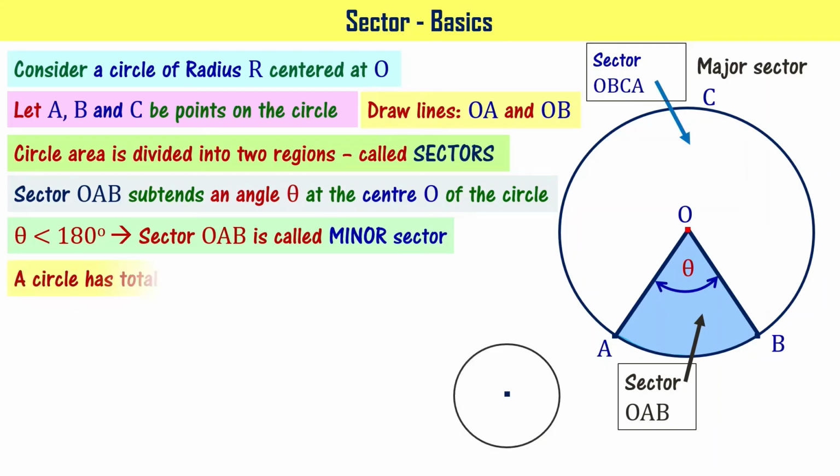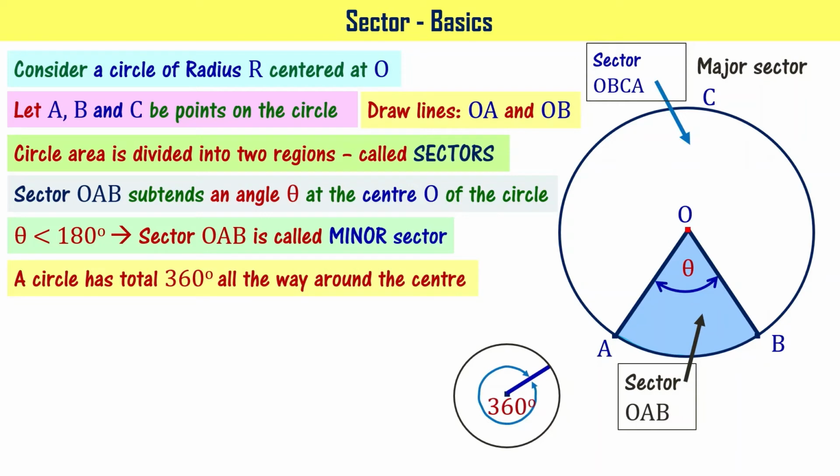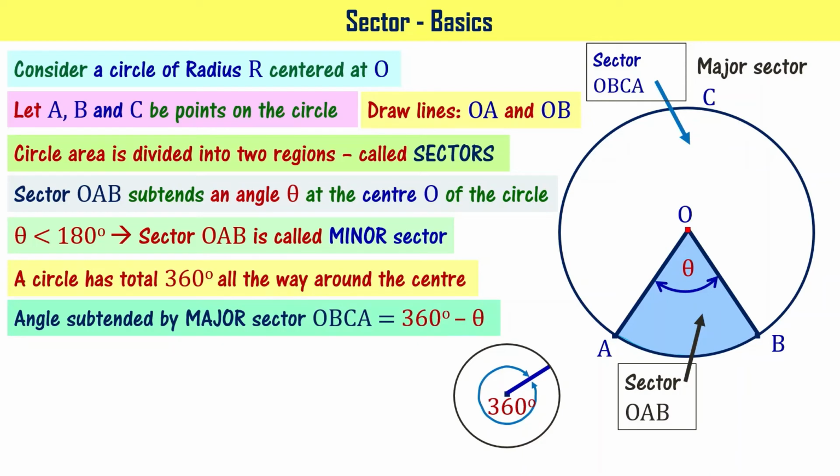We know that a circle has a total of 360 degrees all the way around the center, right? If sector OAB subtends an angle theta, the angle subtended by the major sector OBCA can be written as 360 degrees minus theta, right? Please note this point.